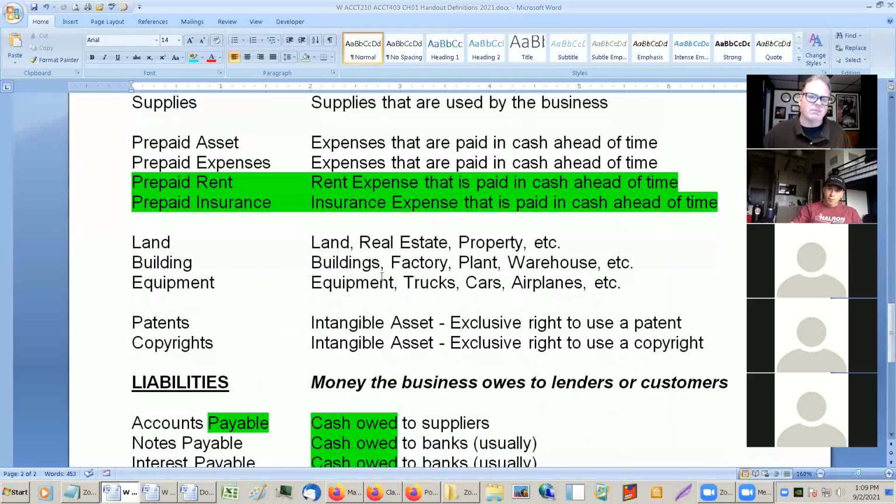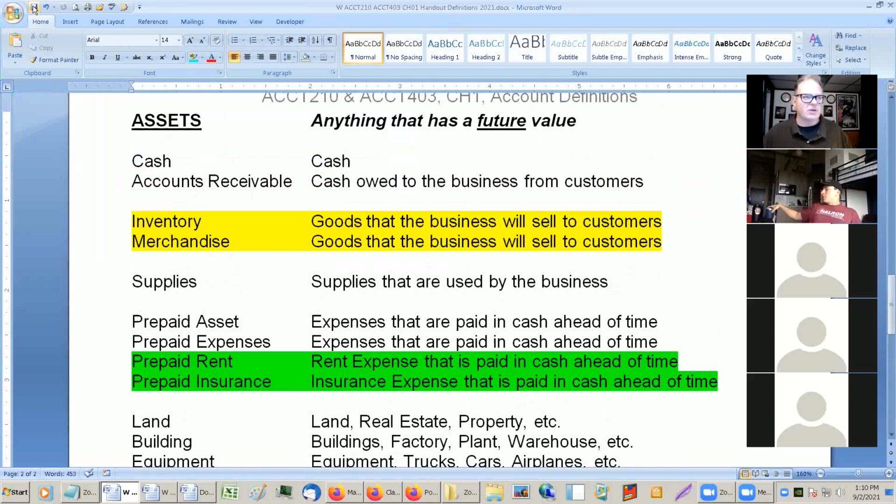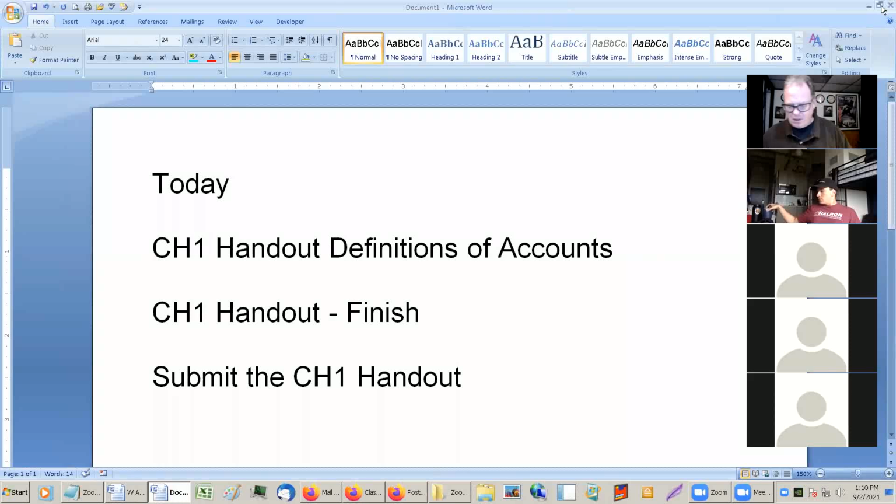Is there going to be somewhere we can turn in our assignment? Yeah, we're going to do that today, and I'll go through that next. So next I'll save this and post the definitions.